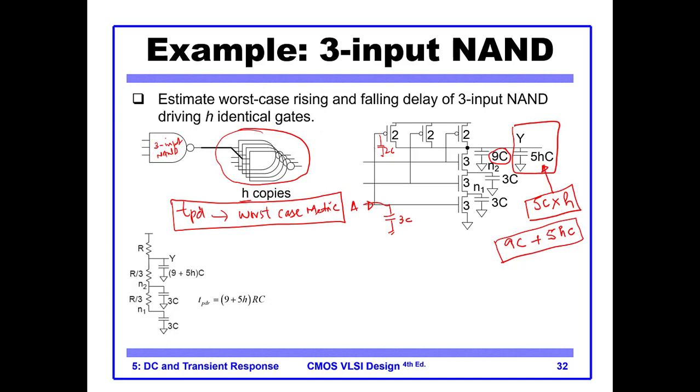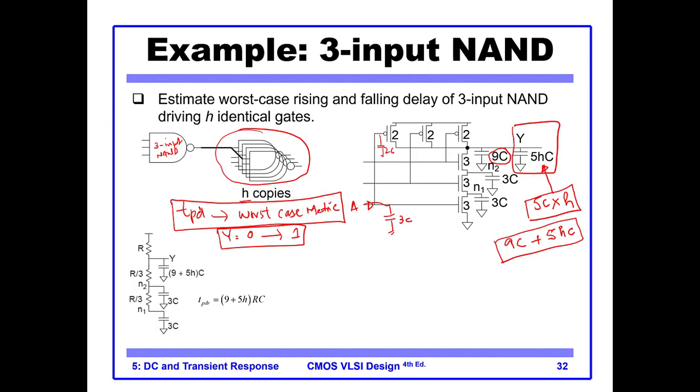Worst case means that, for example, we have 3 PMOS in parallel, and we have 3 NMOS in series. Let us consider that the output is moving from 0 to 1.